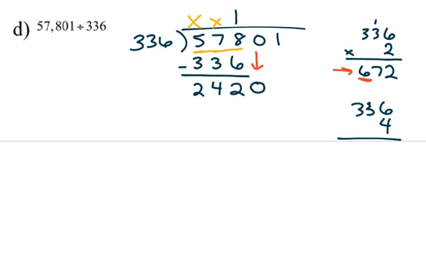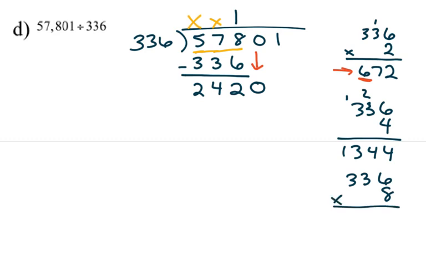I think I messed that up a little bit. But let's try 4 anyway to know that we have to go larger. 6 times 4 is 24. 4 times 3 is 12, plus 1 more is 13. So yeah, we see that that's approximately half of the 2420 there, so 336 times 8.